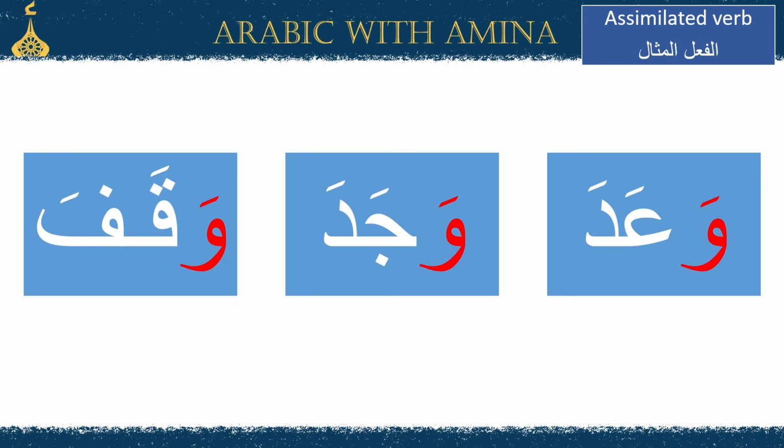They all start with a weak letter. In this case, all of them start with the letter waw. The assimilated verb will almost always start with either a waw or a ya. Starting with a ya is very rare. So in practice, when you see this category, the assimilated verb, it's almost always going to be a letter waw at the beginning.